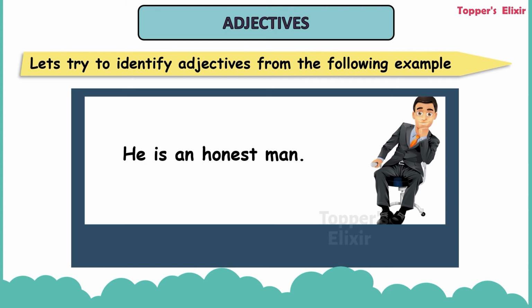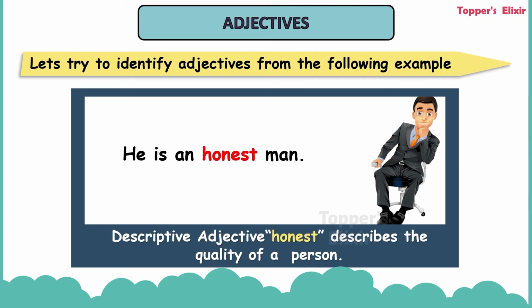In this example, the word honest shows the quality or a feature of a person, saying what somebody is like. And this kind of adjective is called descriptive adjective. It need not always be about a person but can also be about the kind and the quality of a thing as well. In this example, descriptive adjective honest describes the quality of a person.